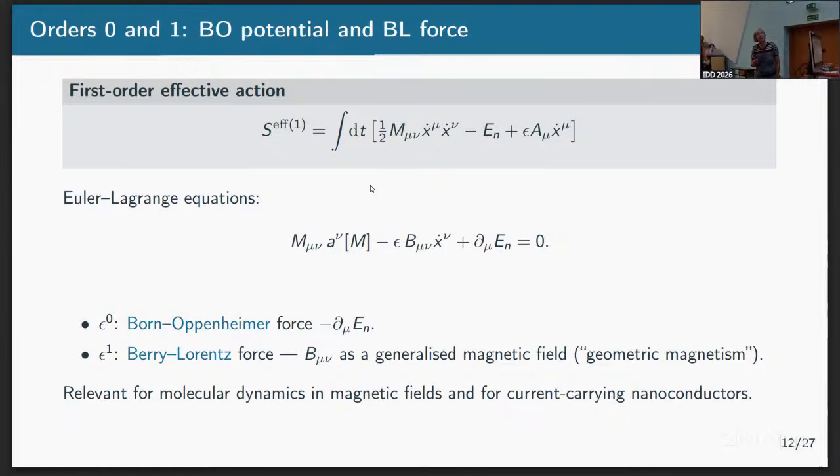This denotes the acceleration, which is a covariant expression, constructed using the connection coming from this mass matrix taken as a Riemannian metric. So here in the acceleration, I have a Levi-Civita connection for this invariant metric.